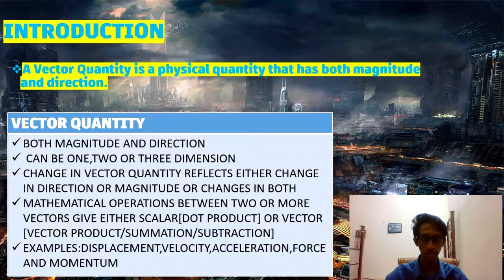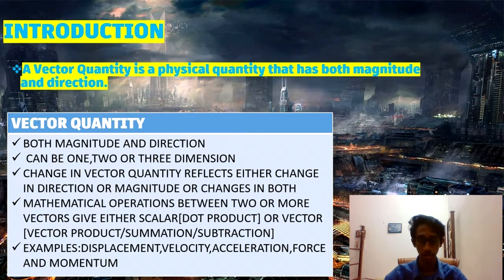A vector quantity is a physical quantity that has both magnitude and direction. These are the most important main keys, magnitude and direction. Here we have the definitions and examples of vector quantity, how we can identify a vector quantity, and how we can differentiate between scalar quantity and vector quantity.